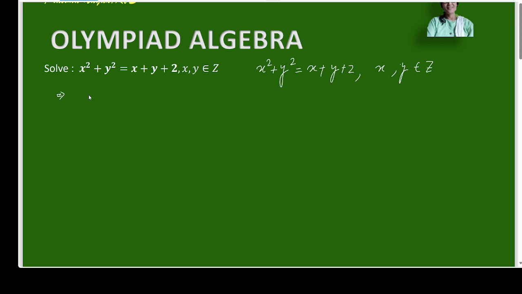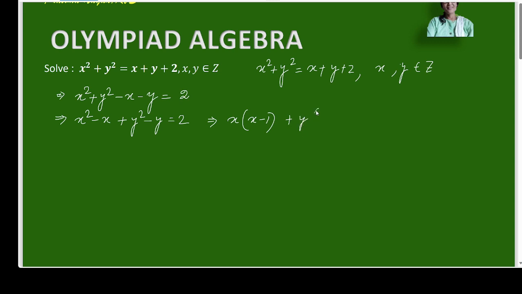So let us begin. I'll take all x and y terms to the left side. Then it will be x square plus y square minus x minus y is equal to 2. Next, taking x square minus x together, y square minus y together, I'll get x times x minus 1 plus y times y minus 1 is equal to 2.